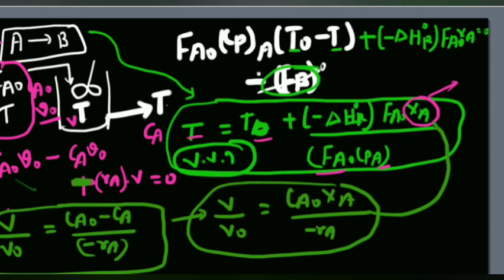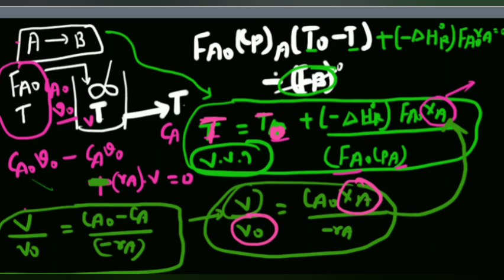You can use these things from here also, because if they have not given the conversion, you can calculate the value of conversion from here, and after this you can calculate the outlet temperature T at a particular conversion. So from here you can solve all these questions on the continuous stirred tank reactor. Thanks to all of you for this lecture. In the next lecture I will be discussing the plug flow reactor, the energy balance in a plug flow reactor. Thanks to all of you.